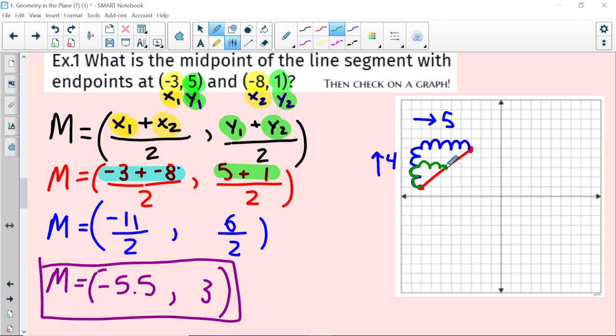So left 5 and a half, so negative 5.5, and then up 3. What do you notice about our two answers? It's the same answer, it matches. So graphing and using the formula are both ways to get the midpoint, the halfway point.